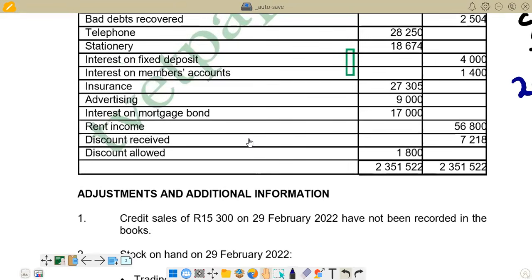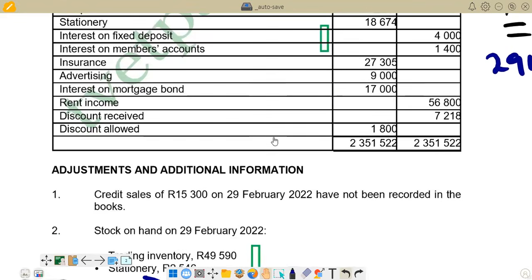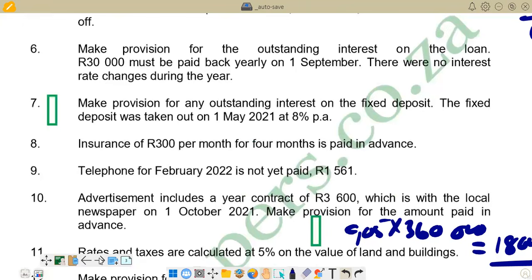For stationery that was bought, we have 18,674. Then we subtract the one that is remaining at the end, 2,546.